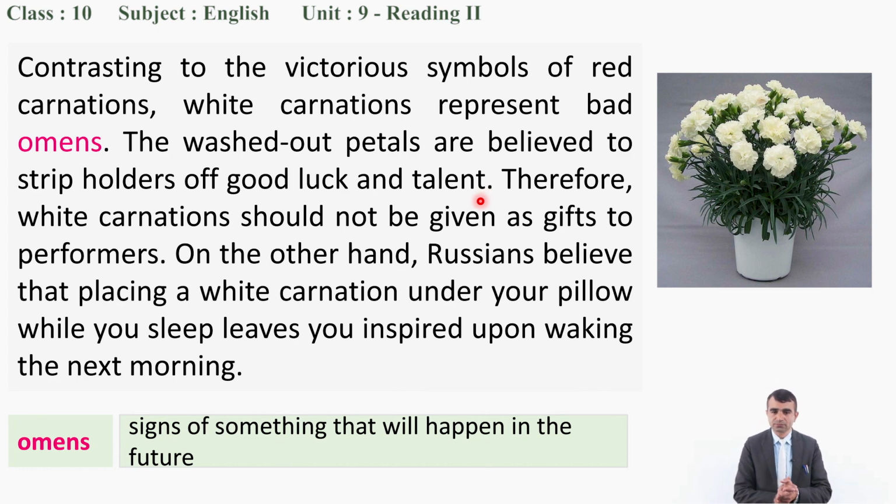Now, what happens if you give white carnation to performers? Do Russian people use it as a gift, or do they gift it to performers? No. Why? Because it is the symbol of bad luck, isn't it?